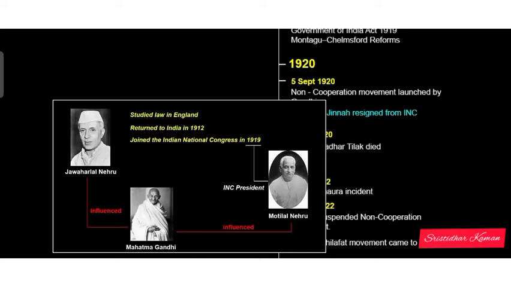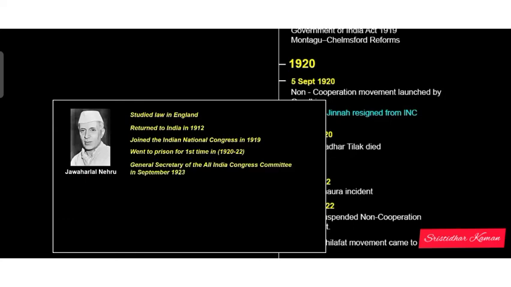During the non-cooperation movement led by Mahatma Gandhi, Nehru was imprisoned for the first time for activities against the British government. Jawaharlal Nehru became the General Secretary of the All India Congress Committee in September 1923. In the mid 1920s, he went to many foreign countries like Italy, Switzerland, England, Belgium, Germany and Russia to study the idea of socialism.